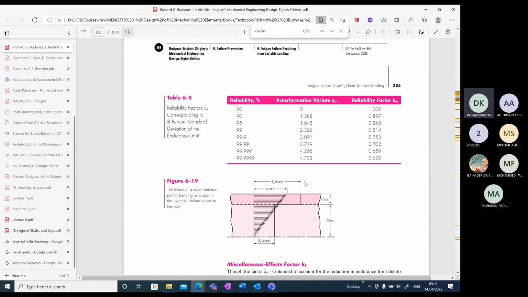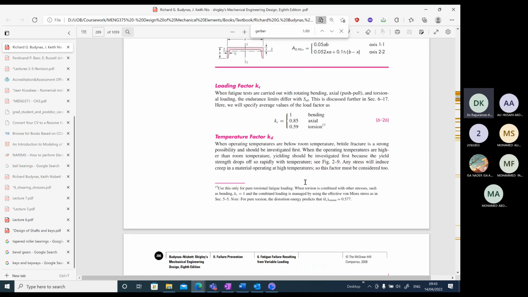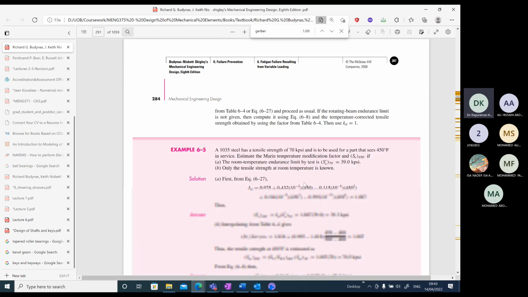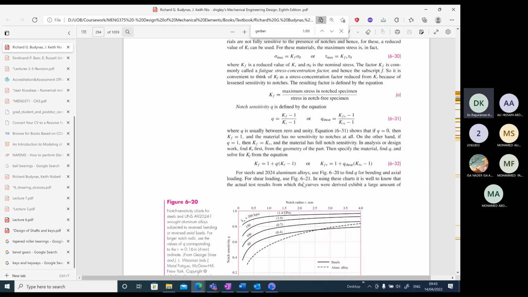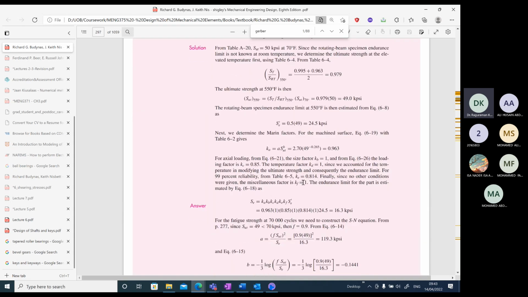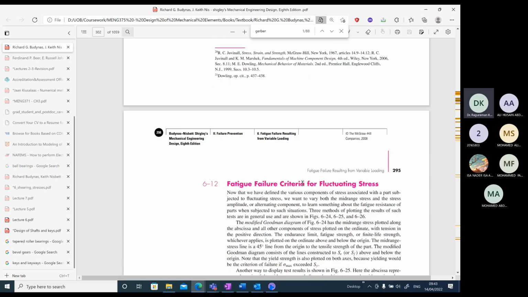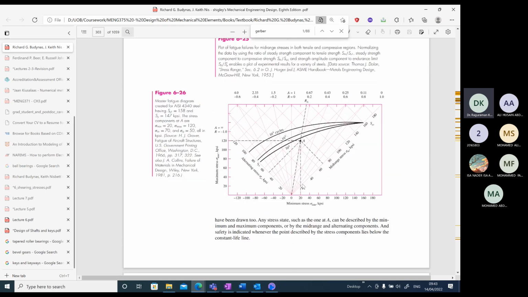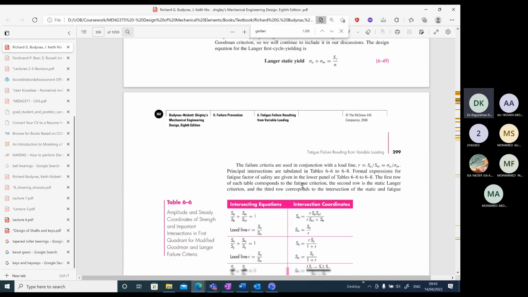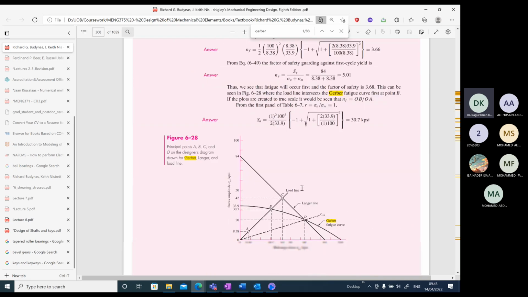Let's see here. I think, no. Hold on one second until I bring that particular formula up for combined stresses, and then we can move on.